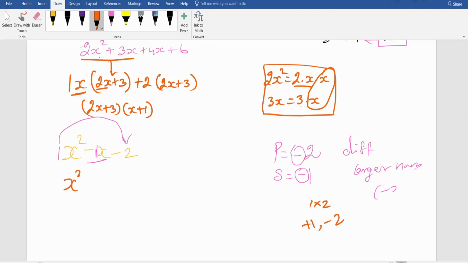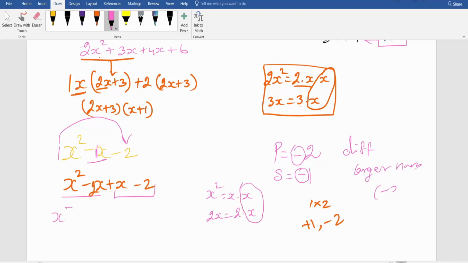So this will become x square minus 2x plus x minus 2. Now employing the same method, I can write x square first two as one group and the second two as the other group. X square can be written as x into x and 2x can be written as 2 into x. Again, the x will be common.